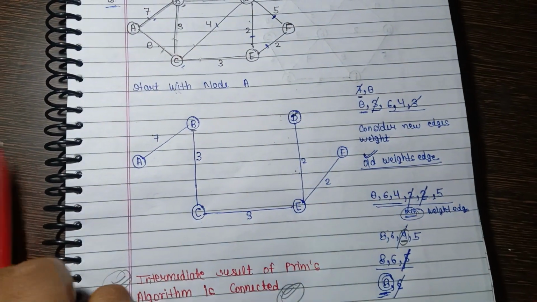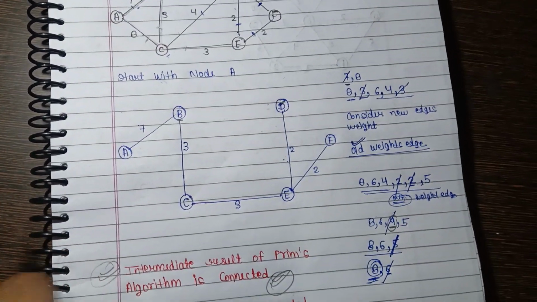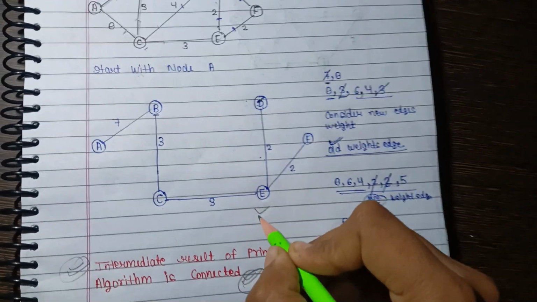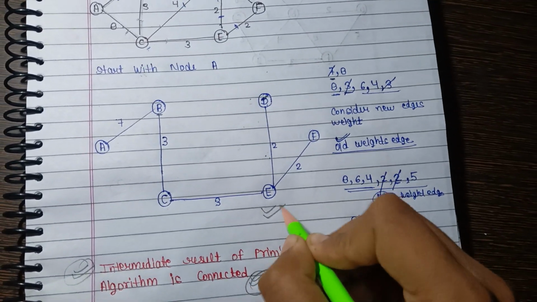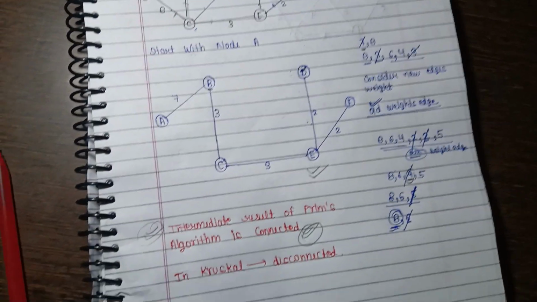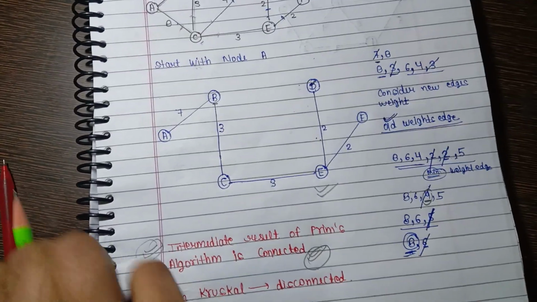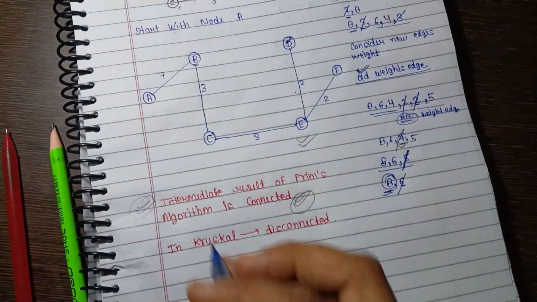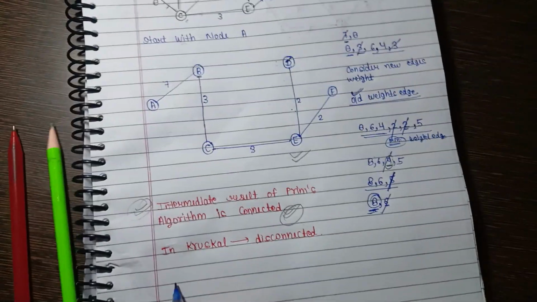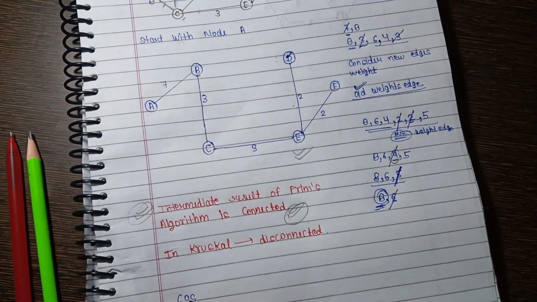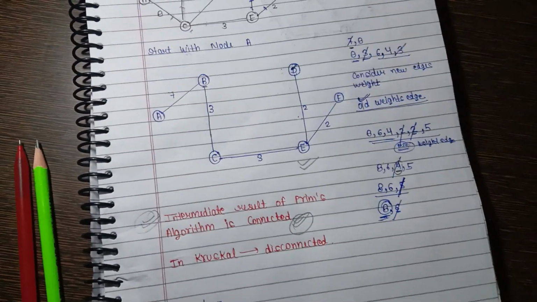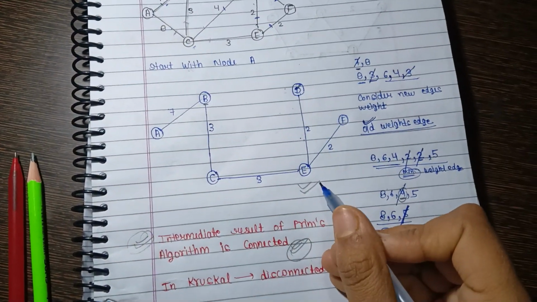Now this is our minimum spanning tree. Okay, now what is the cost of the minimum spanning tree? The cost of the spanning tree is the sum of all the edge weights in the minimum spanning tree.